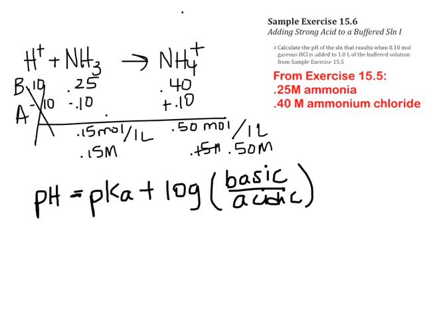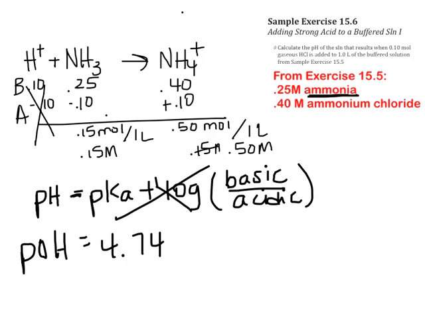In this case, I could use pH equals pKa plus log of basic over acidic, but since I have ammonia, a base, I'm going to be using the pKb, not the pKa, all right? So instead of using this equation, I'm going to use the pOH equation because it makes the problem a little bit easier. So if I take the negative log of the Kb for ammonia, it's 4.74.